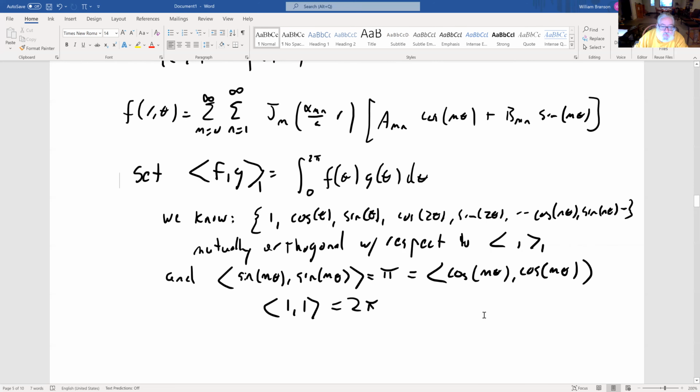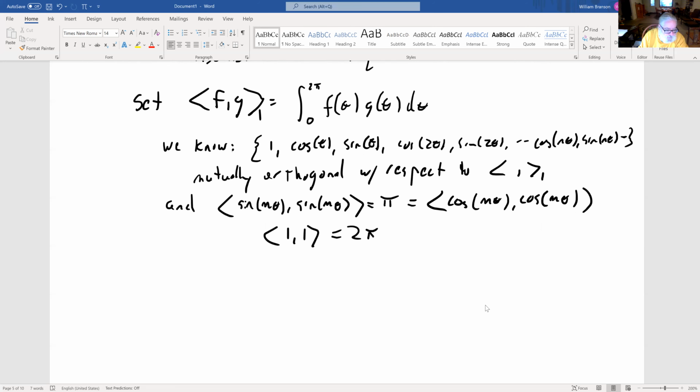So how do we figure out what some of these coefficients are? If we take the inner product of f with a function, say, for example, cosine I theta, right?